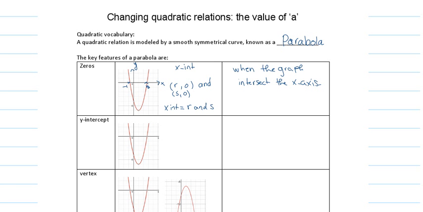Pick one and stick with it, whichever one you feel more comfortable with. In this case, you can write it either like this, or you can write it as x-intercepts equal to -1 and 3.